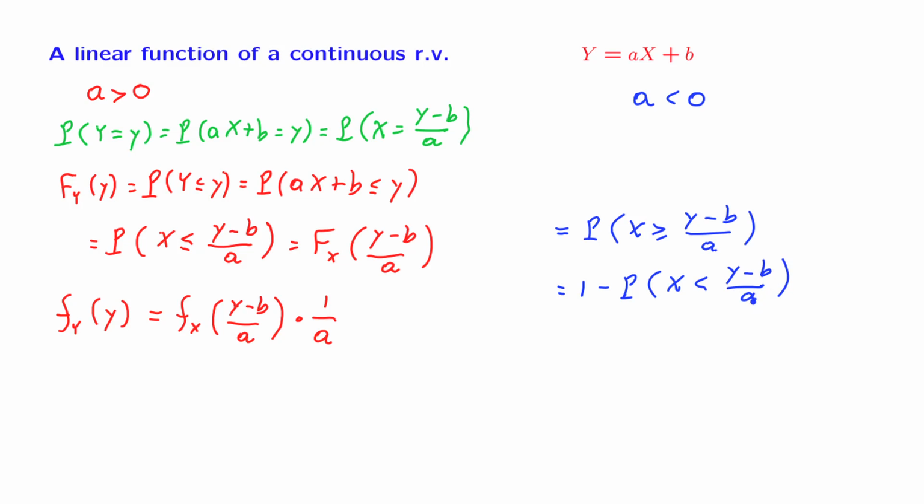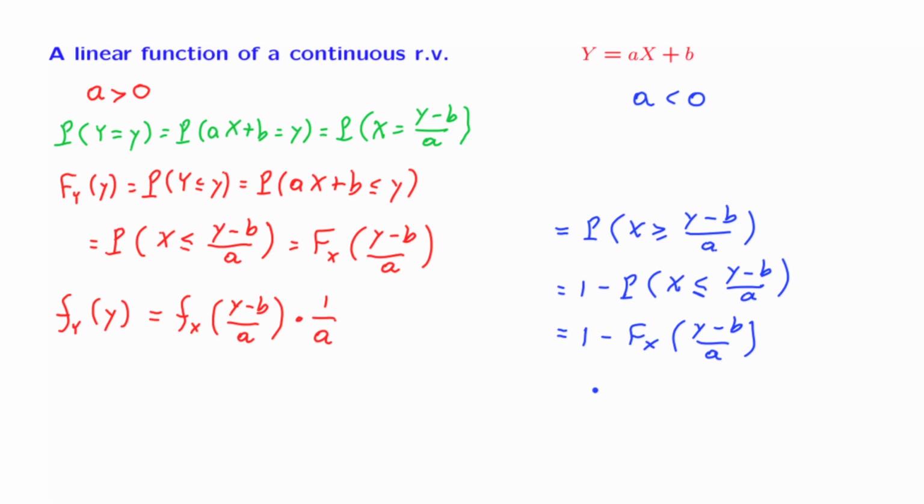Now x is a continuous random variable, so the probability is not going to change if here we make the inequality to be a less than or equal sign. And what we have here is 1 minus the CDF of x evaluated at (y minus b) over a.